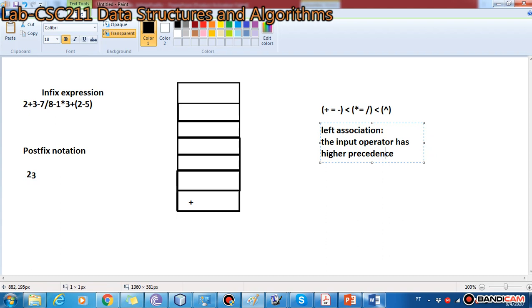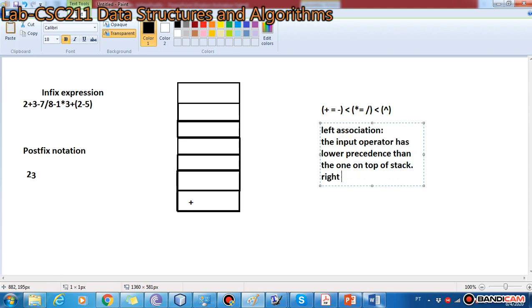The input operator has lower precedence than the one on top of the stack.